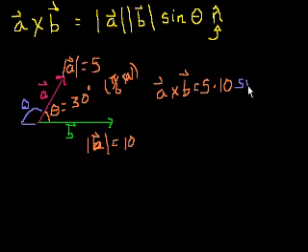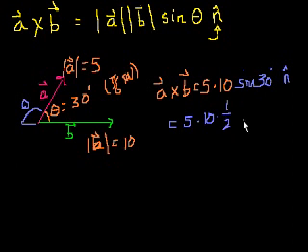So it's going to be sine of 30 degrees times this vector n, and it's a unit vector, so I'll go over what direction it's actually pointing in a second. Let's just figure out its magnitude. And what's sine of 30 degrees? Sine of 30 degrees is 1/2. You could type it into your calculator if you're not sure. So it's 5 times 10 times 1/2 times the unit vector. So that equals 25 times the unit vector.